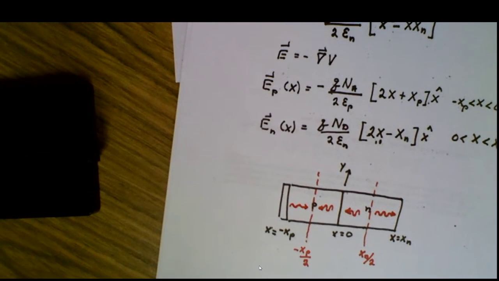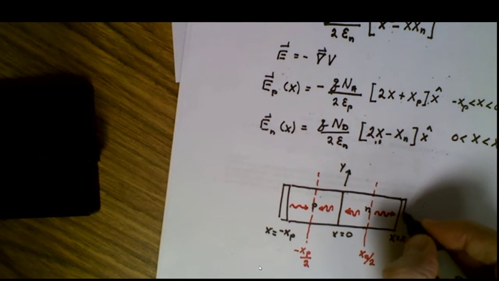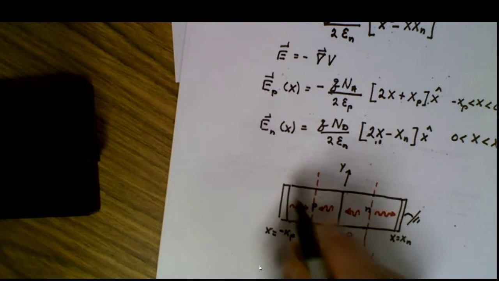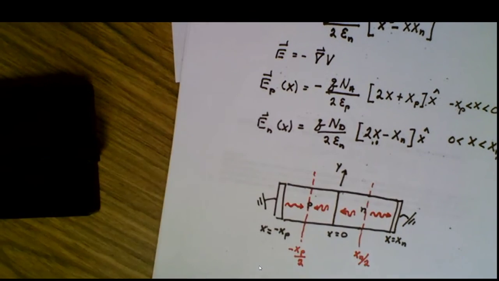So consequently, we see that even though the contact points are grounded, we still have electric field distributed throughout the material.